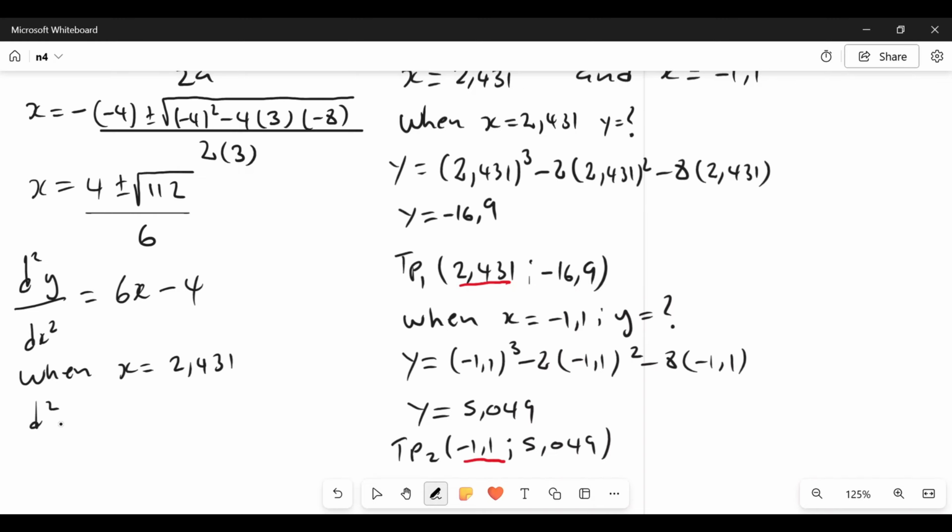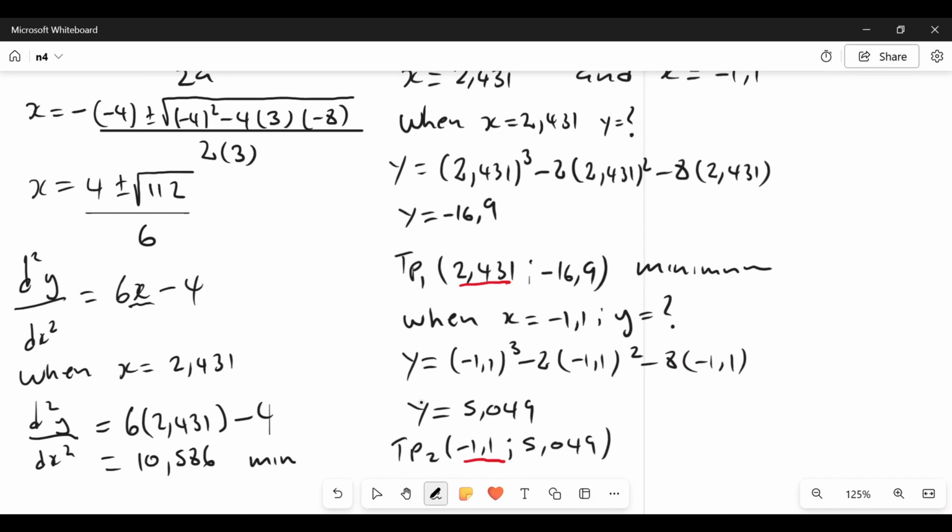So d squared y over dx squared, wherever there is x, we're going to substitute with 2,431. So we have 6, 2,431, close bracket, minus 4. What do you get there? I am getting 10,586. So this is greater than 0. So it makes this one to be minimum. So you can write this turning point here, it's minimum turning point.